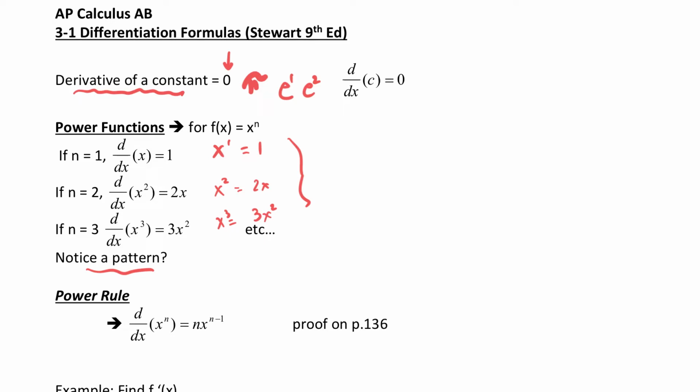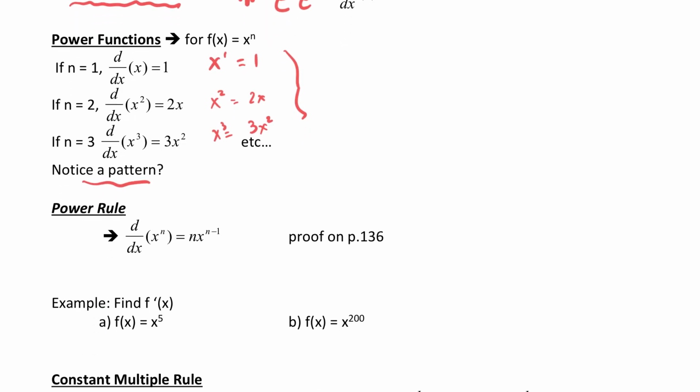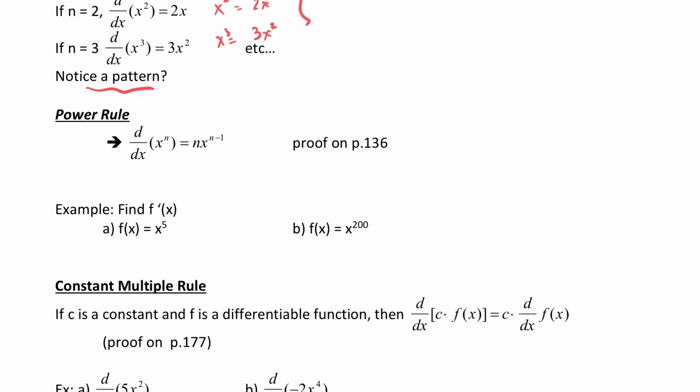And the pattern becomes this power rule. In this power rule, based on our pattern, what we are doing is we are taking this n and putting it out in front and then subtracting a degree. Just like we talked about when we are graphing derivatives, the order is coming down by 1. So if it's a third order polynomial, it becomes a second order polynomial.